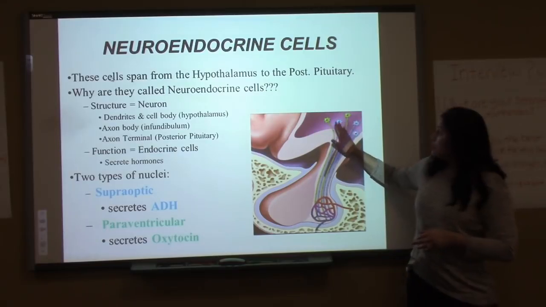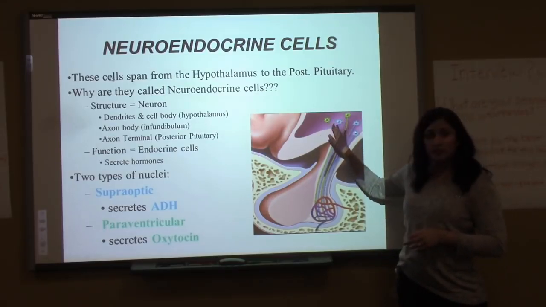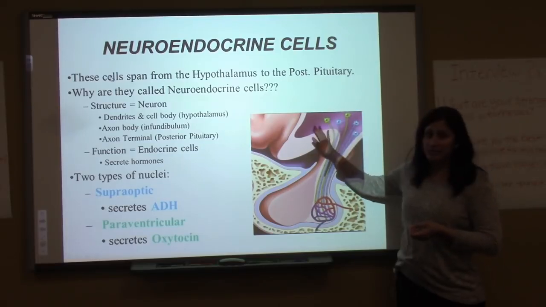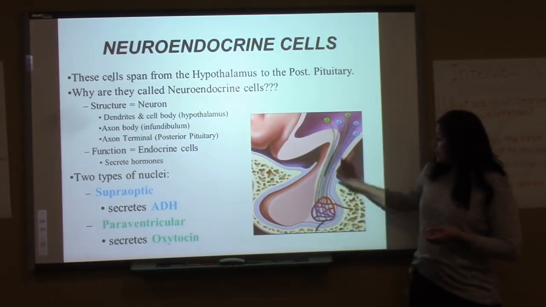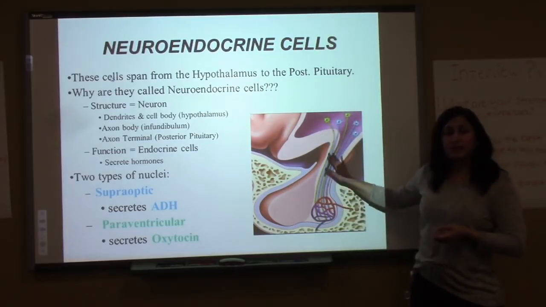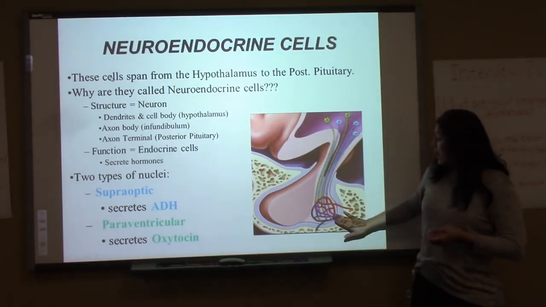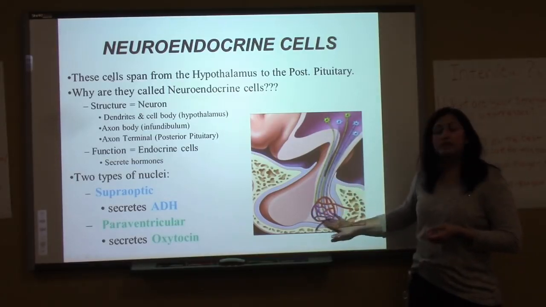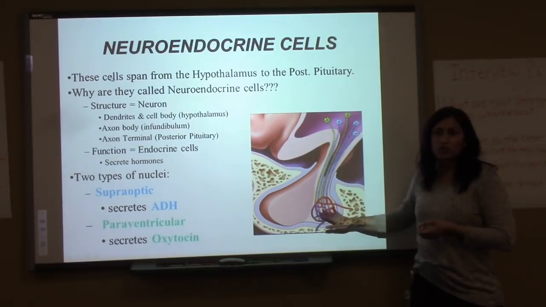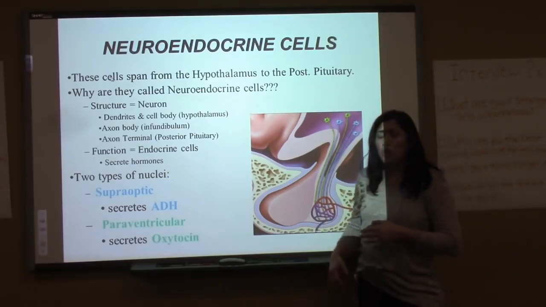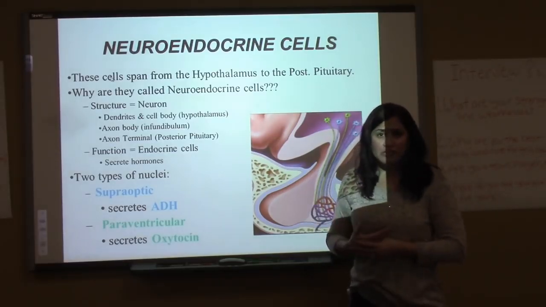So you can see the nuclei and the dendrites, or the cell body and the dendrites, are found in the hypothalamus. Whereas the axon makes up the infundibulum, or the stalk, and the axon terminals are found in the posterior pituitary. So, you can see there are two different cells.